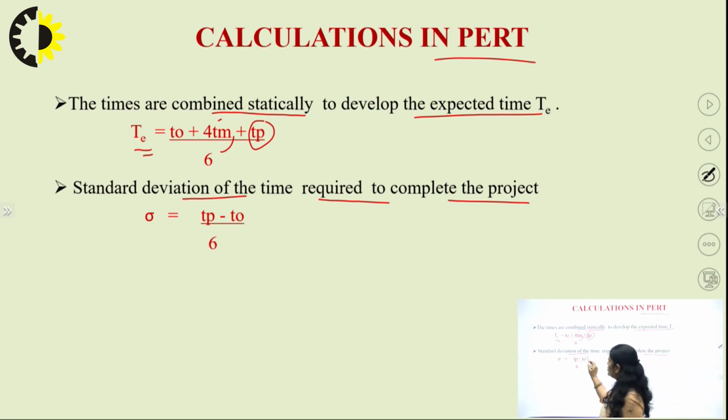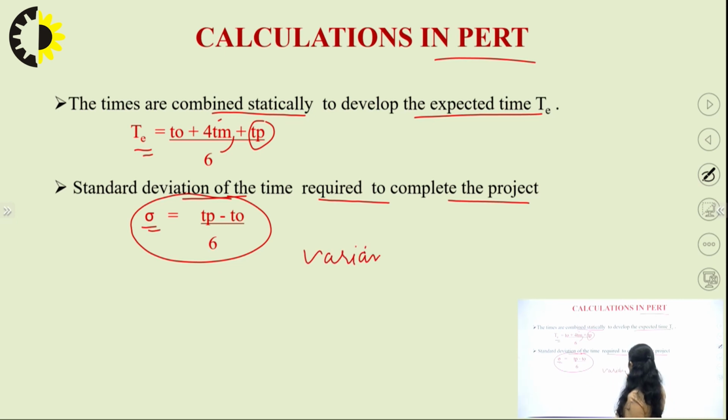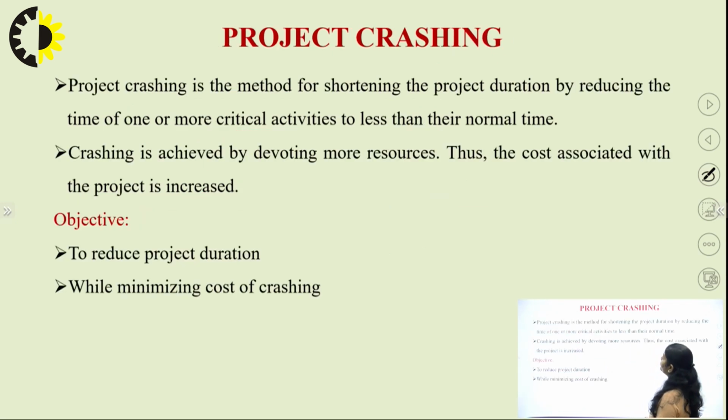The standard deviation, the value of sigma, is TP minus TO divided by 6. We can find the variance also, and variance is sigma square. So these are the calculations we can use in the PERT technique.